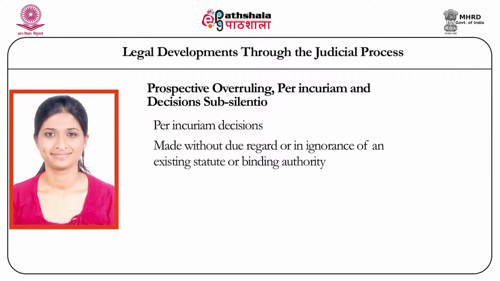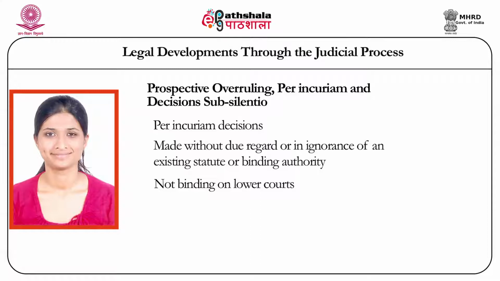Thus, if a High Court decides without considering an existing statute or a binding authority, such as a decision of the Supreme Court on the same point of law, that decision of the High Court will be called per incuriam and hence will not be binding on lower courts.